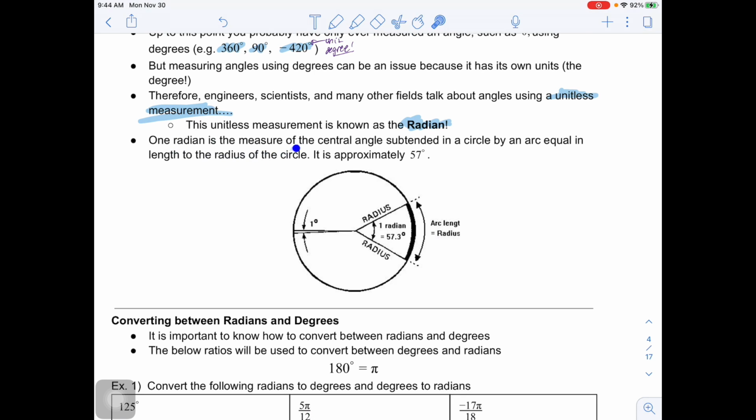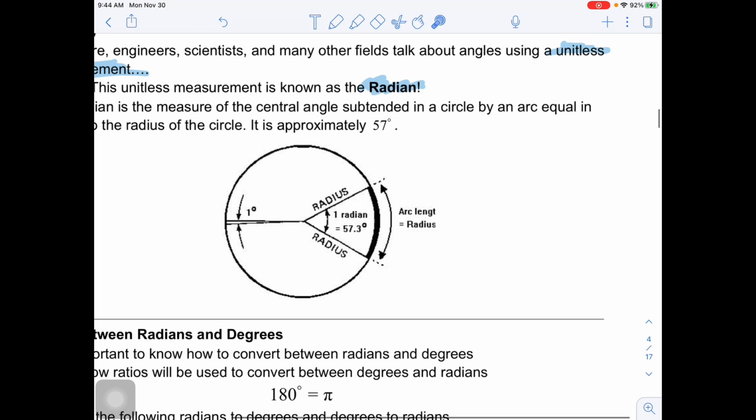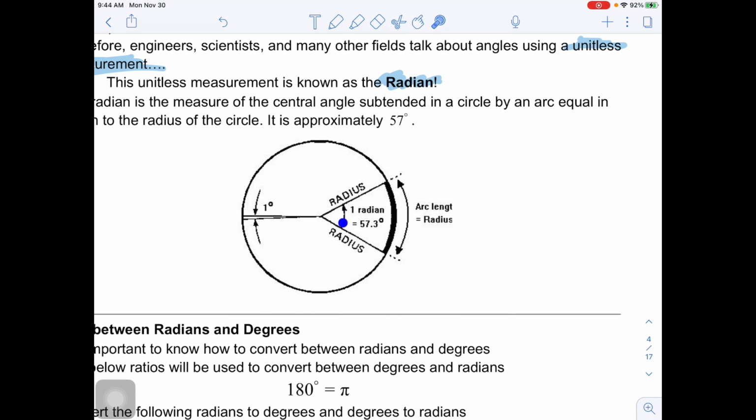1 radian is the measure of a central angle subtended by an arc equal to the length of the radius. So that was a bunch of jibber jabber. You don't really need to know that. It can be helpful to know where 1 radian comes from. So a single radian is if you have 2 radiuses extending, and then you have an arc length.